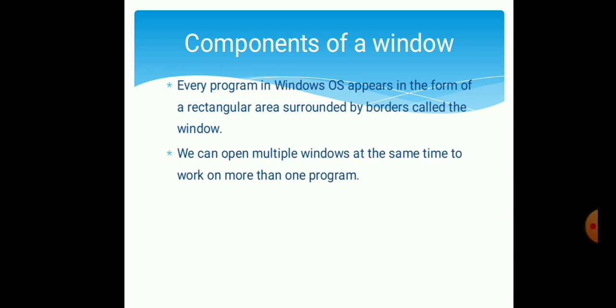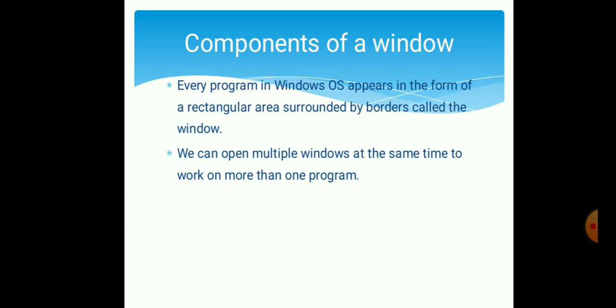We can use multiple windows at the same time. That is, we can work in more than one program. For example, you can open a Word file, a Paint program, an Excel program, WordPad, Notepad, everything at the same time, and you can work at the same time.